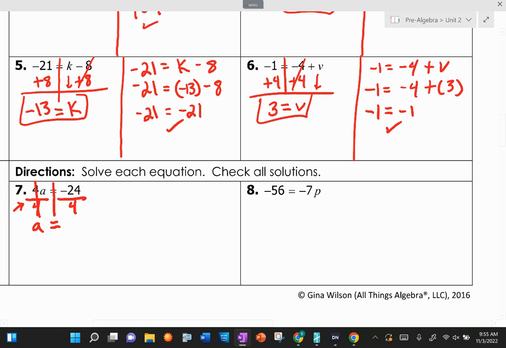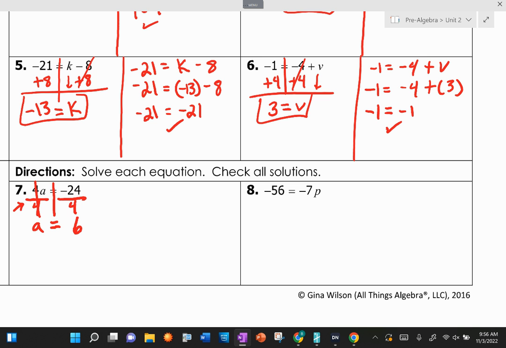First all I need to think of is what's 24 divided by 4, and I'll put the 6. And then I need to follow that up with, what was my sign? It's the rules for multiplication. If I have two numbers with the same sign, no matter what those signs are, they could both be positive or both be negative, my product or my quotient will always be positive.